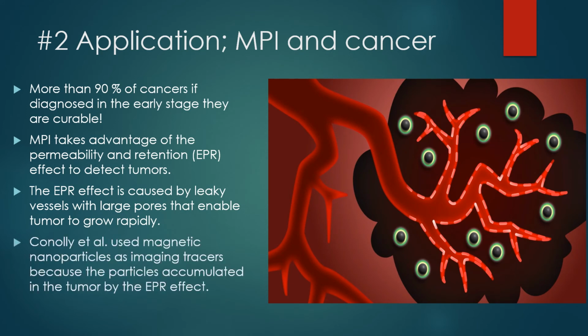So Connolly at the University of California used magnetic nanoparticles as imaging tracers, because these particles accumulate in the tumor by the EPR effect. So when the nanoparticles went to these tumors, by using the MPI method, they could diagnose the exact place of the tumors.